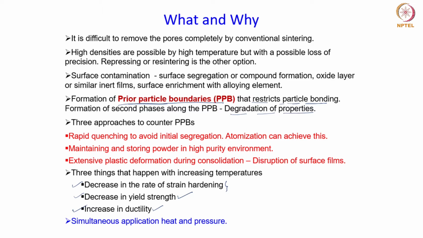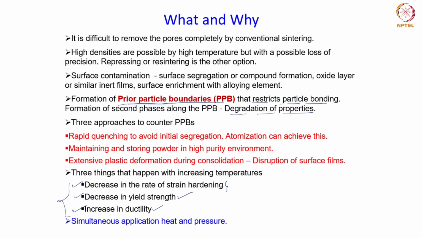So on one hand, you have pressure which can deform the material and also can disrupt the surface films. And on the other hand, you have high temperature or application of heat, which can lead to these three things. Okay.